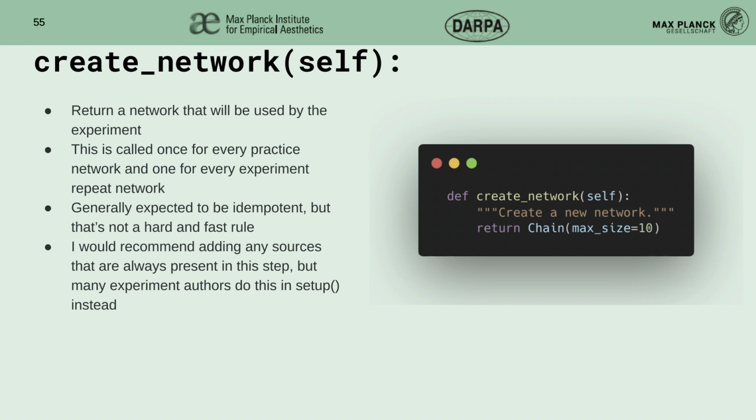So you might have repeats and things, so this will be called by some part of the internals, but the default implementation of create network is to return an empty network with nobody connected to each other. This is what lets you say, I want to do a transmission chain, or I want to do a discrete generational network, or I want to do one where everyone is connected to everyone. We'll go into those things in more detail later, but this is a pretty important thing to implement.